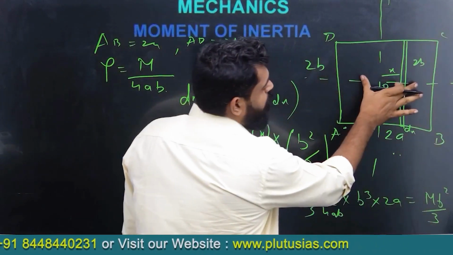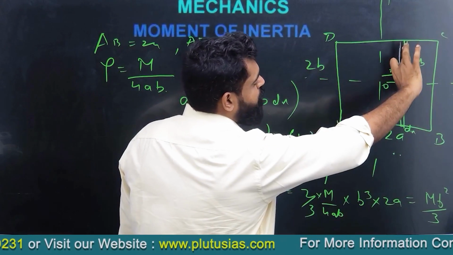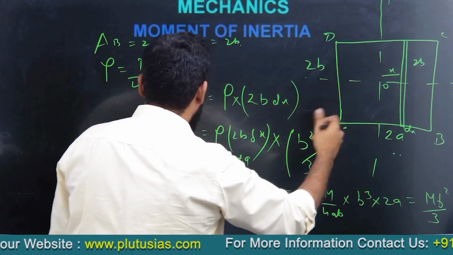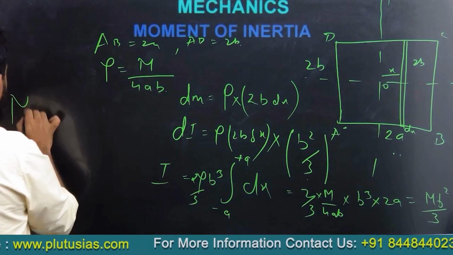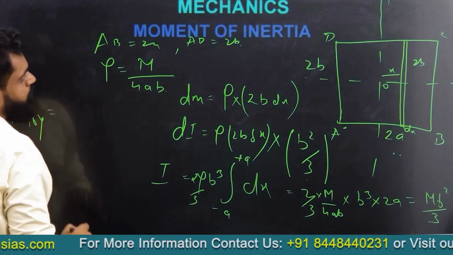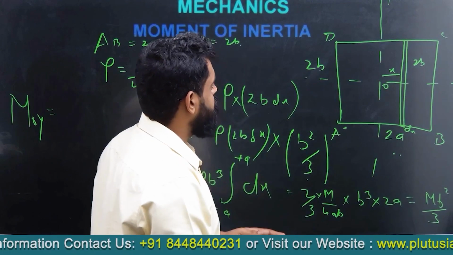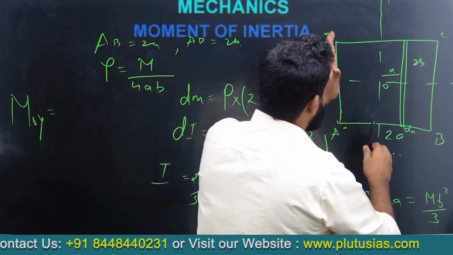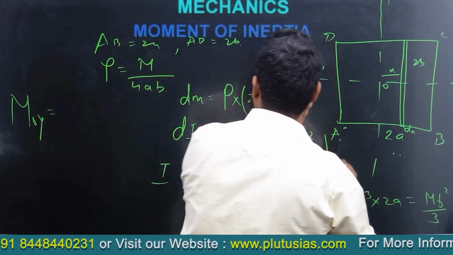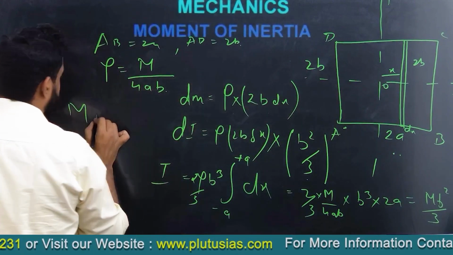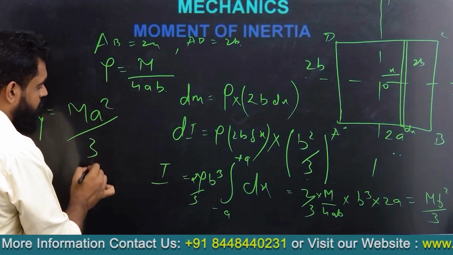Similarly, what would be the moment of inertia about OY? By symmetry, you can understand that OY is parallel to the length 2b, so we will get M a square upon 3.